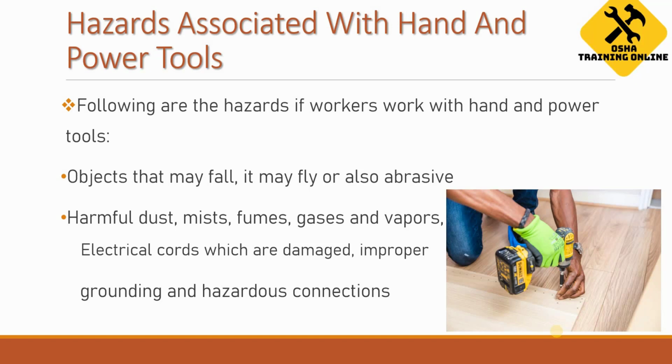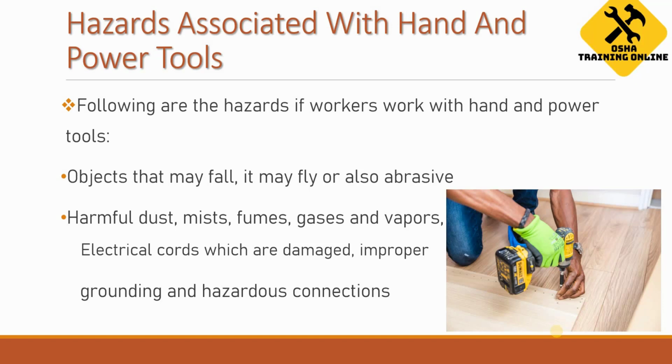Harmful dusts, mists, fumes, gases, and vapors may be involved while using certain kinds of devices in construction or electrical industries. You may be aware of what dust, fumes, gases, and vapors are. Mist is basically cloudy droplets of water which can make your vision unclear so you will not work properly, and it can get you into a hazardous situation.